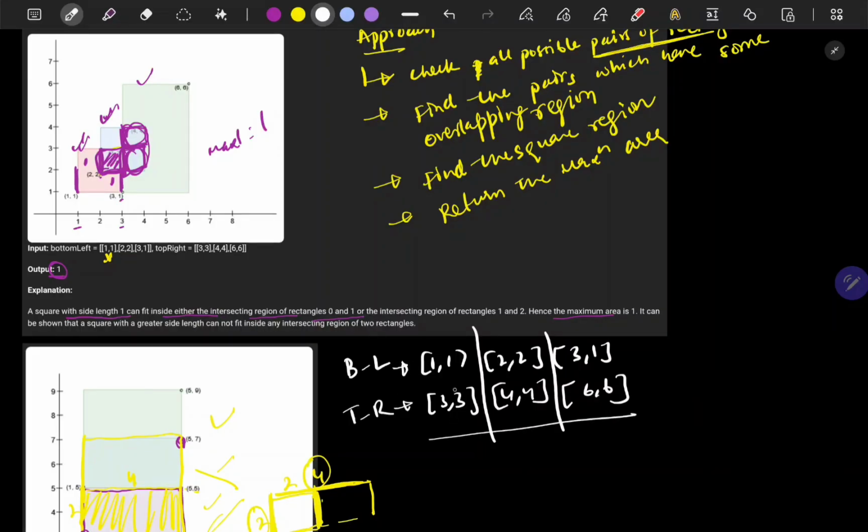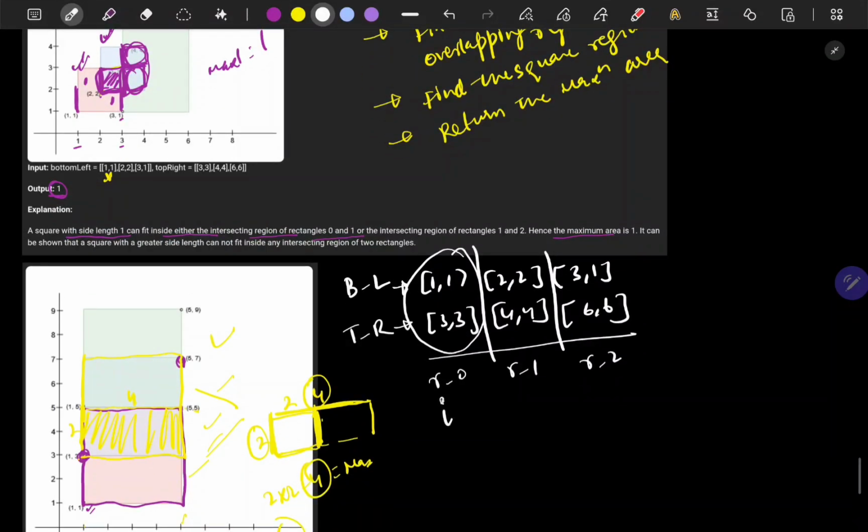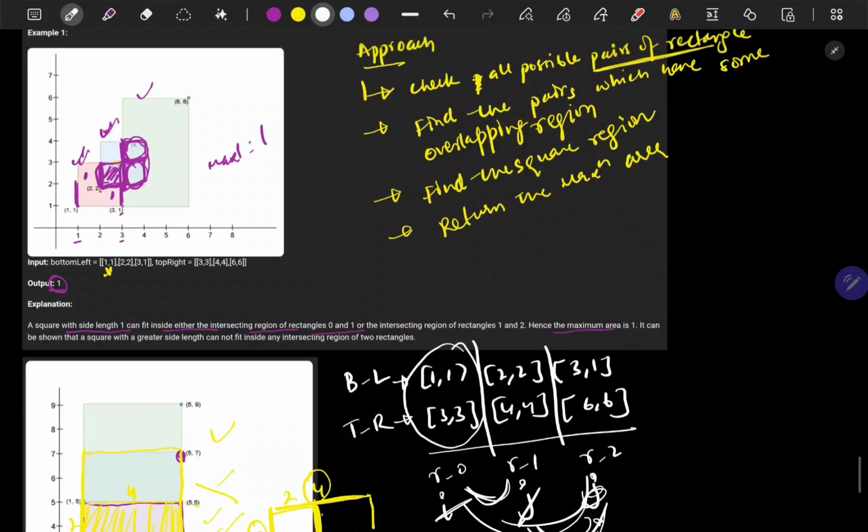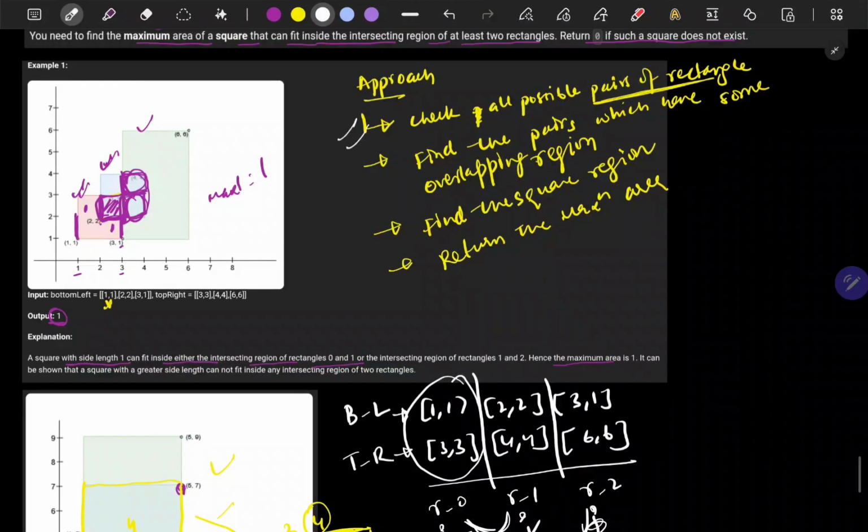These pairs represent rectangle 0, rectangle 1, rectangle 2. To check all pairs, we start i here and j here and check these two, then increment j and check these two. Then we increment i, start j after it, and check these two. This is a simple thing which we will be doing.